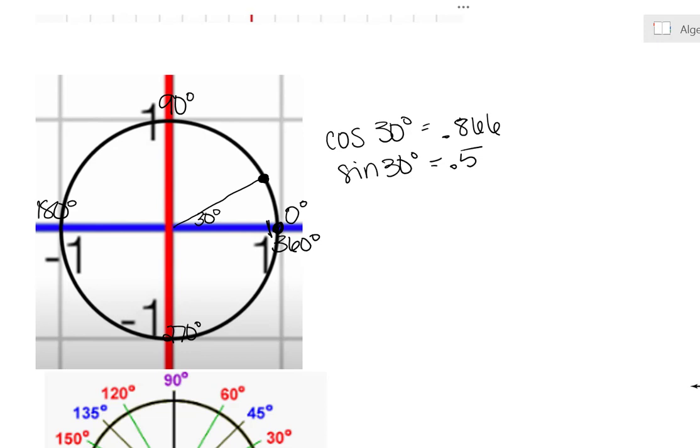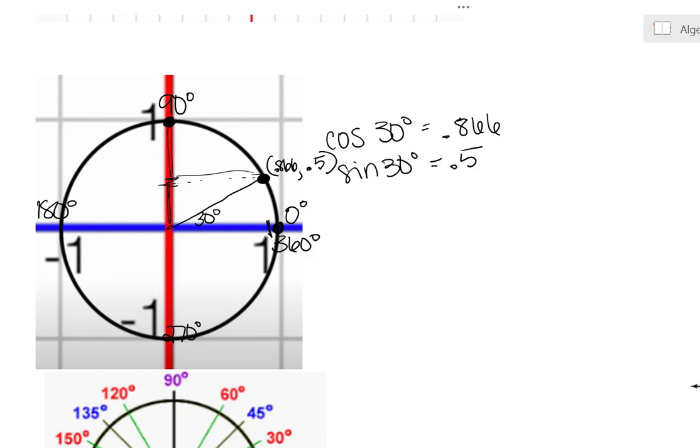When I look at this, I need to figure out which one corresponds to an x value and which one corresponds to a y value in the ordered pair that represents this point. Now, I know that this height of the circle is 1, and I'm thinking about how high up this is. It looks to be about halfway or so above my origin, so about halfway between 0 and 1. So that y value is 0.5, and that x value is 0.866.